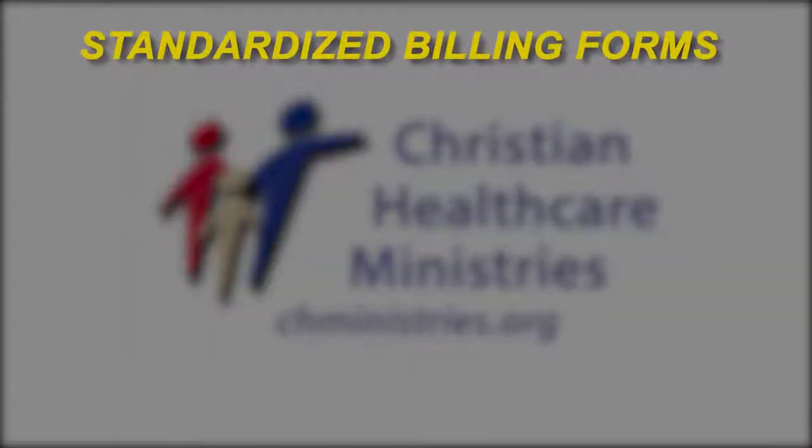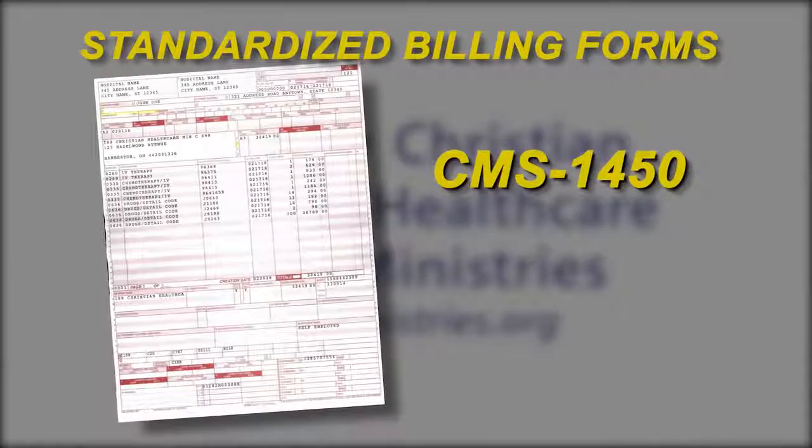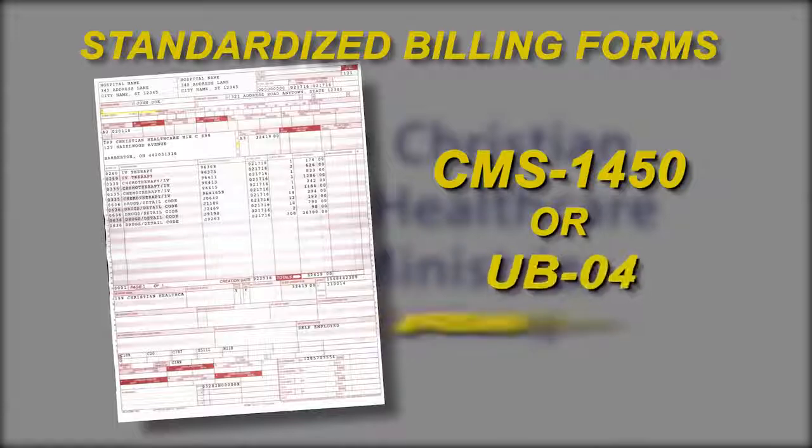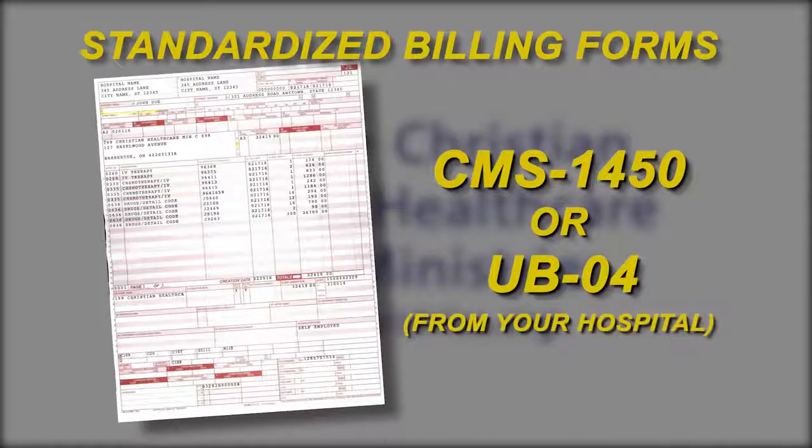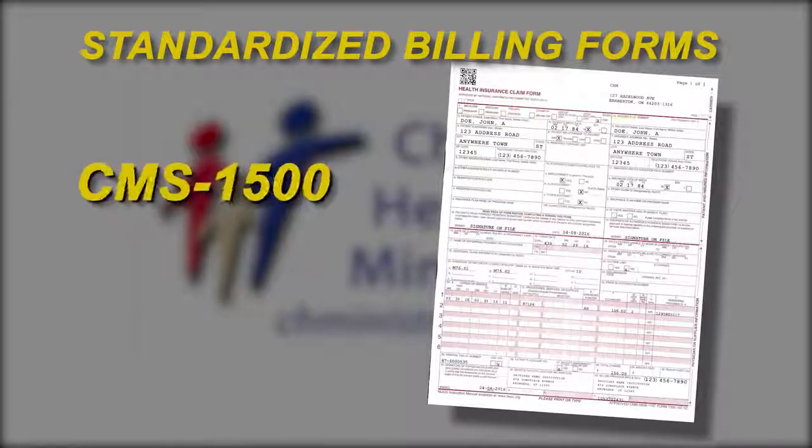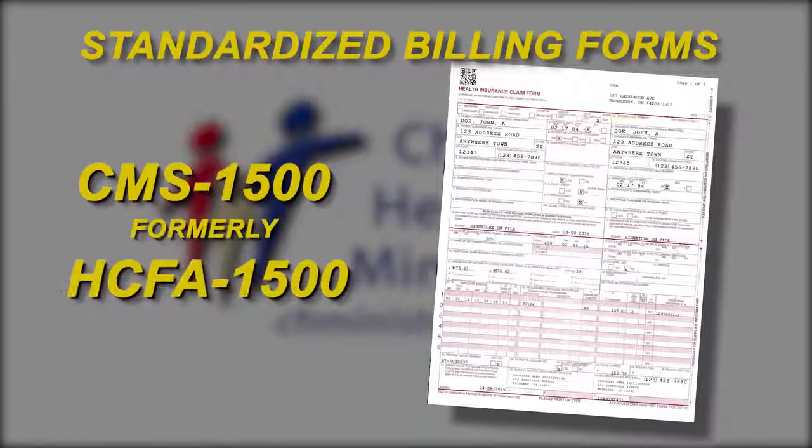These forms have all the information that I just mentioned, and your doctor or hospital will know what these are. Standardized billing forms are a CMS 1450 or a UB04 from your hospital, and a CMS 1500, formerly called a HCFA or HCFA 1500, which comes from your doctor. If you're on Medicare, all we want you to send CHM is a copy of your Medicare summary notice, which is equivalent to the explanation of benefits form that an insurance company would send you.